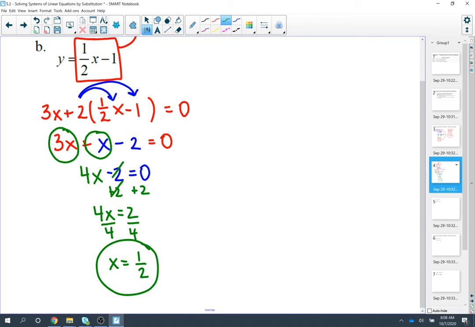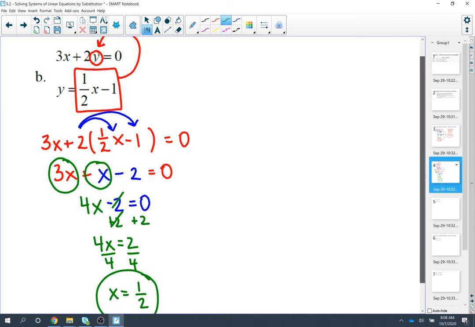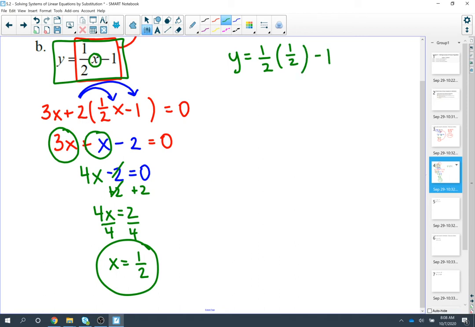Now again, remember you have to keep in mind that you're trying to find an ordered pair x comma y. So at this point we have to go substitute it back in. If we're trying to find y, this equation already says y equals. So I'm going to substitute it back in that one, and there's my x. So we're going to have y equals 1/2 times x, which we found was 1/2, minus 1.